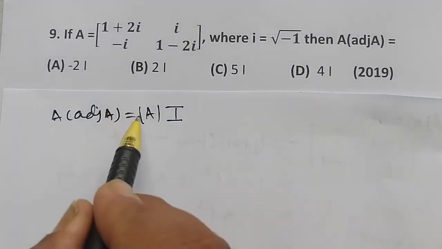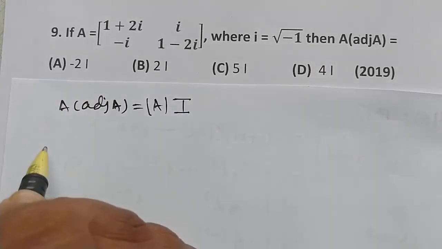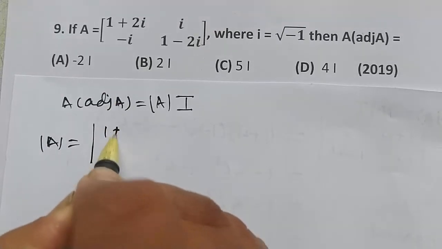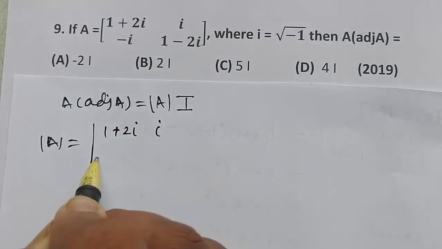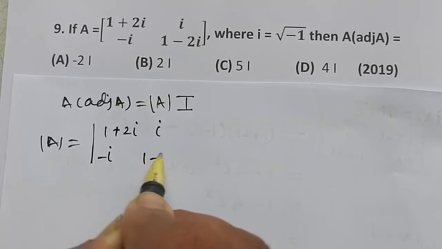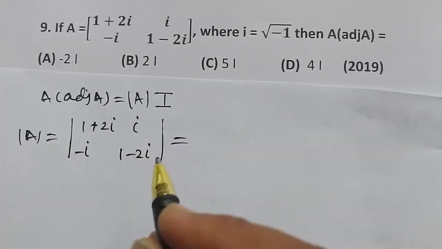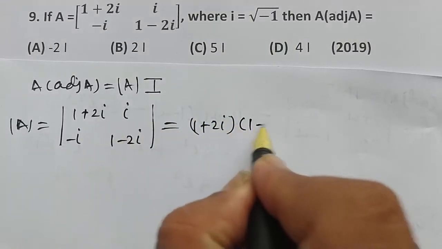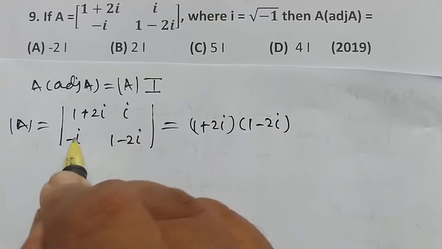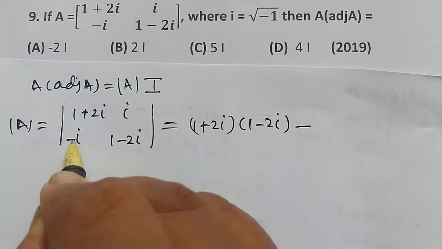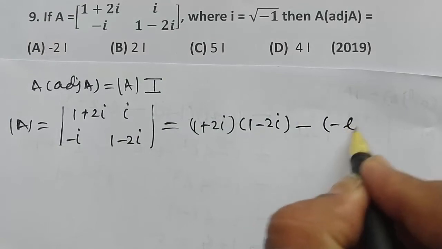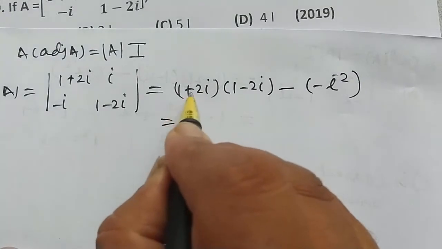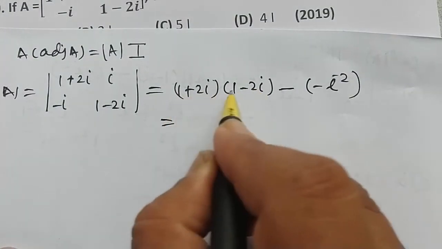So we find the determinant of the given matrix A. So determinant of A is equal to (1+2i) into (1-2i) minus i into (-i), using the product of (a+b)(a-b) is a square minus b square.